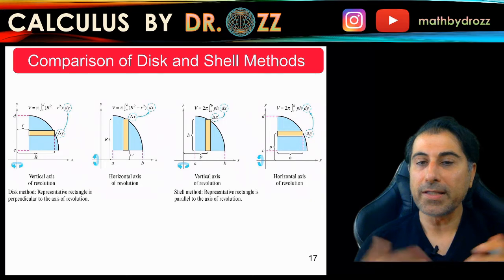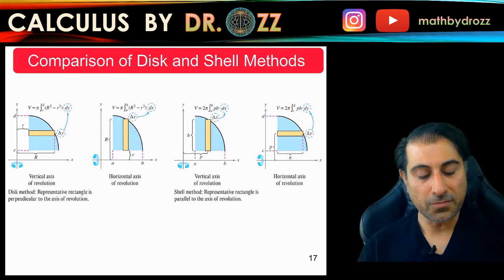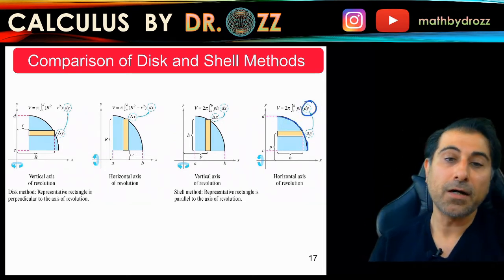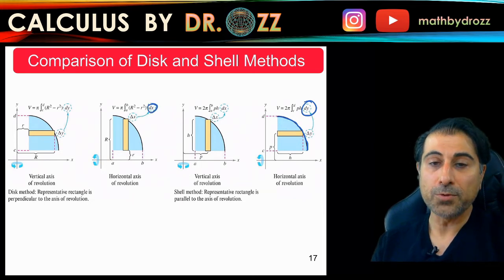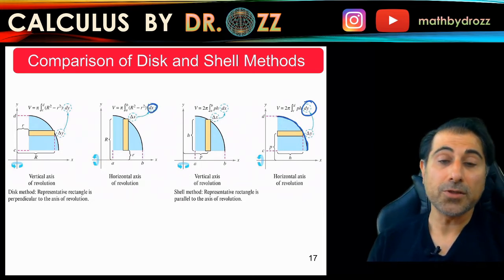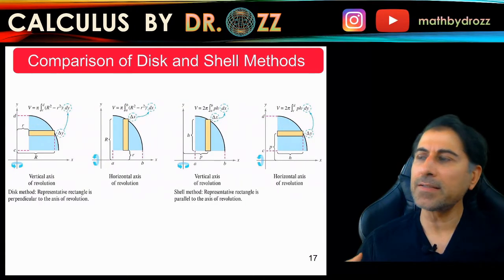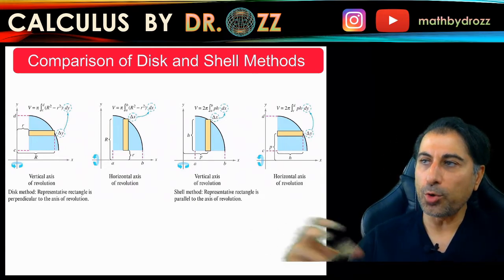So depending on how the function is provided to you for this curve, you can either use a dy type formulation that uses the shell method, or a dx type formulation if the function is provided to you in terms of x.